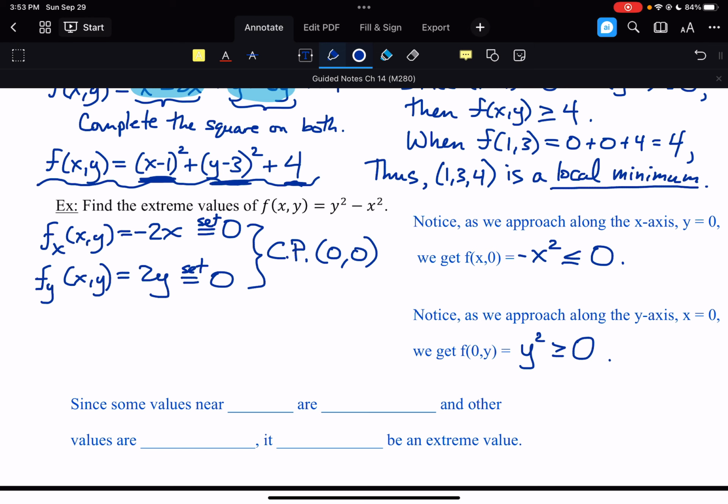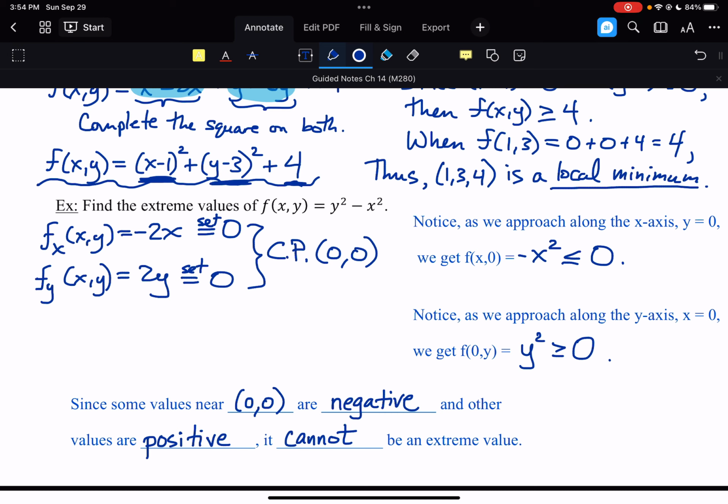So since some values near (0, 0) are negative, that was from this first case, and other values are positive from the second case, it cannot be an extreme value. So we cannot have an extreme value on this function because the only possible choice was (0, 0), right?